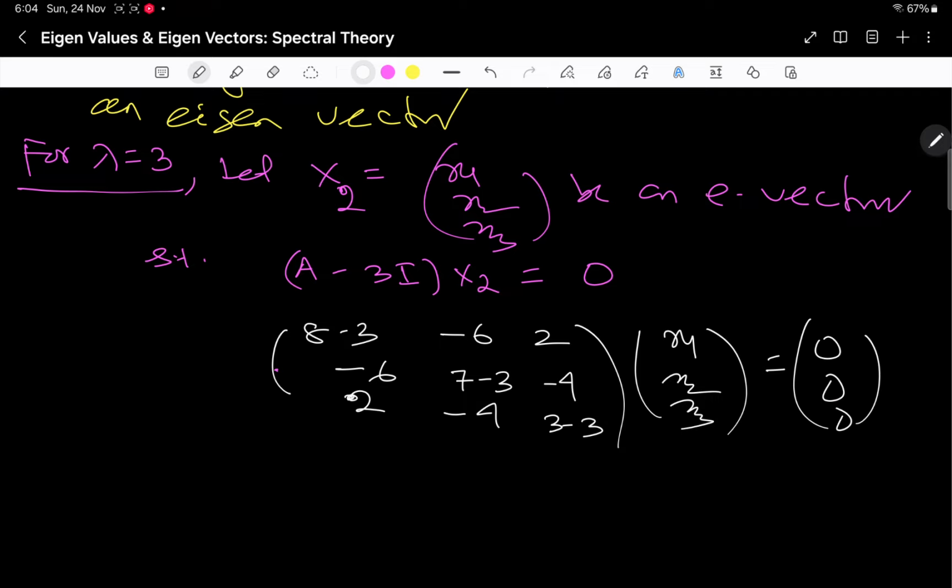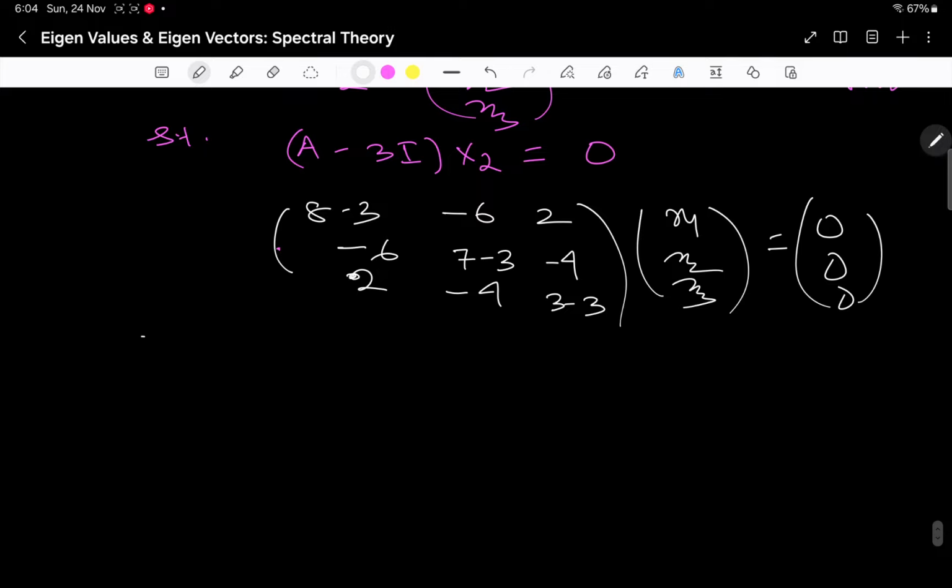If you simplify it algebraically, it is 5x1 minus 6x2 plus 2x3 equal to 0.